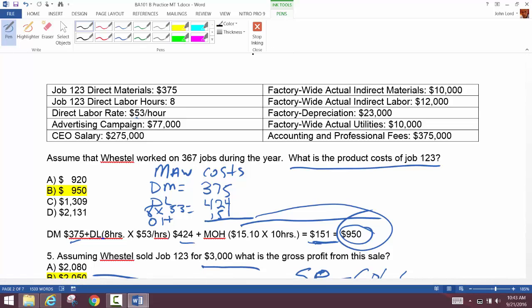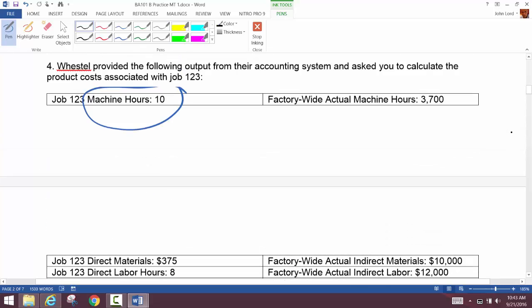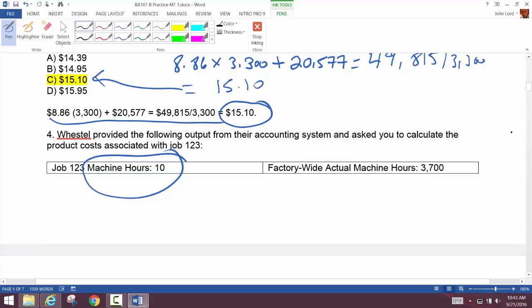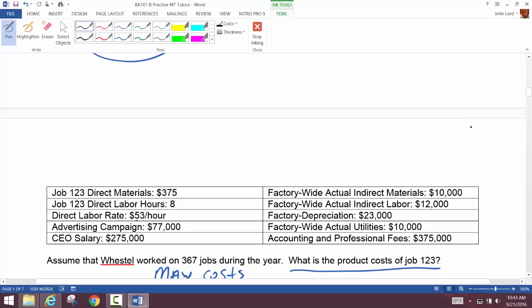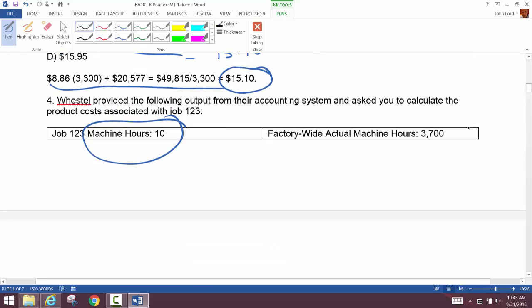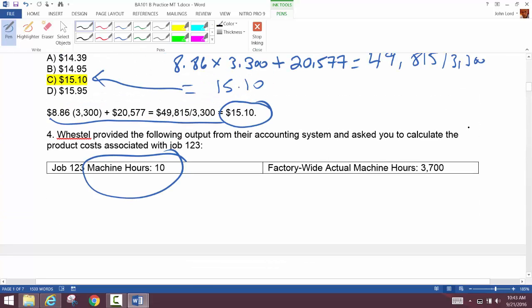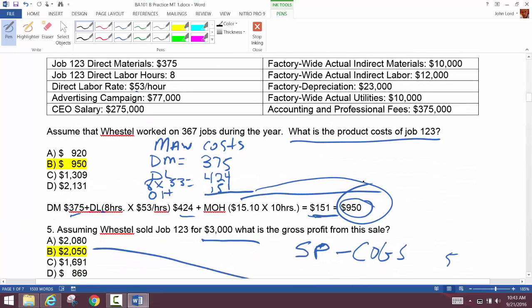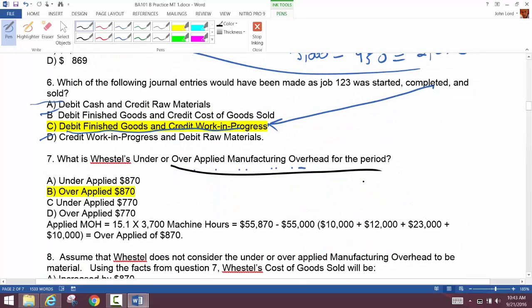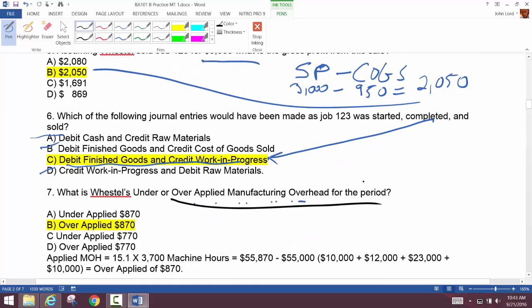Did I give you the whole number, or did I make you calculate it here? Factory-wide actual machine hours, and then, huh? Well, that's the factory-wide machine hours. I made you figure this out here. You had to figure out what the actuals were? Yeah, you got to figure out the actuals.